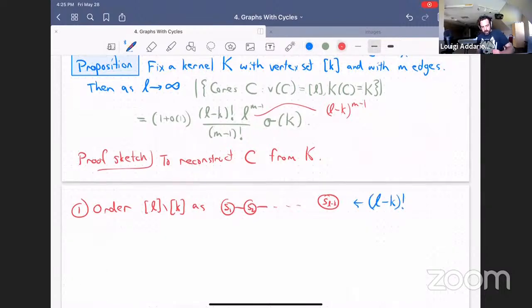And then we can choose some spots to split this ordered list into paths.